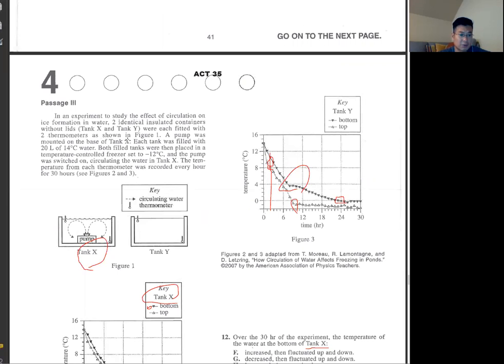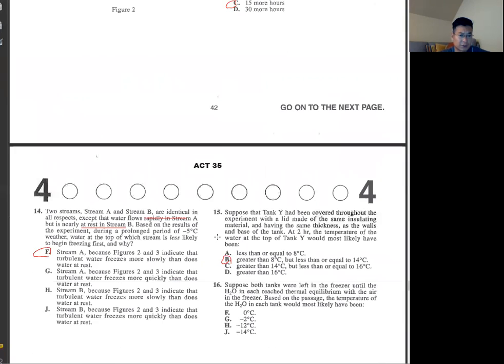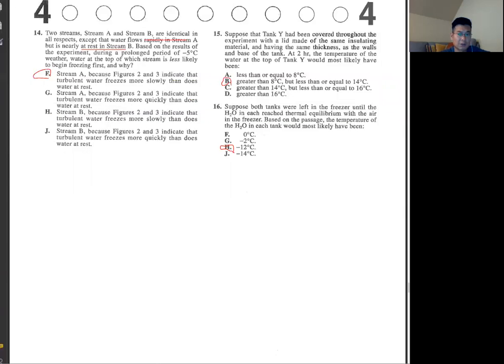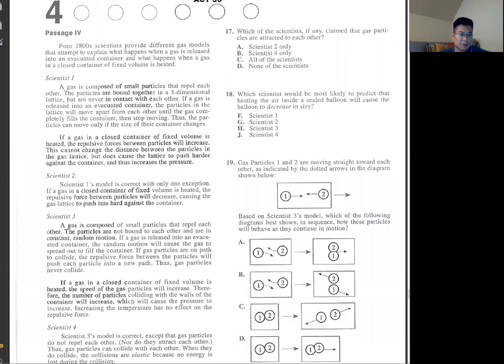So if you skim through the beginning part here, then you can find, oh, it says temperature control freezer set to -12. So then at the end, it's going to be -12, because that's how low it can go. Move on to the next one.